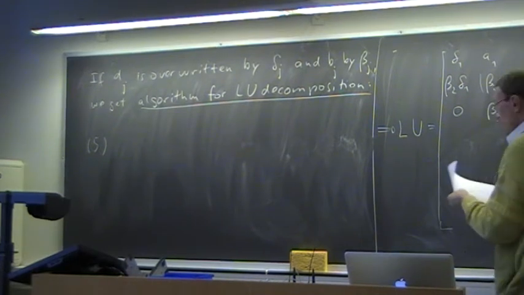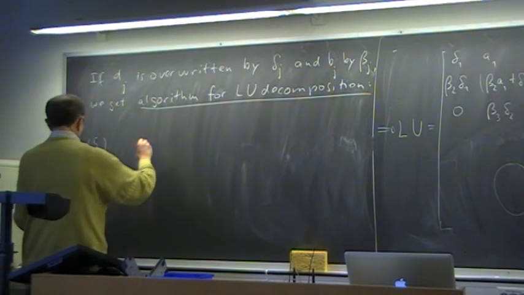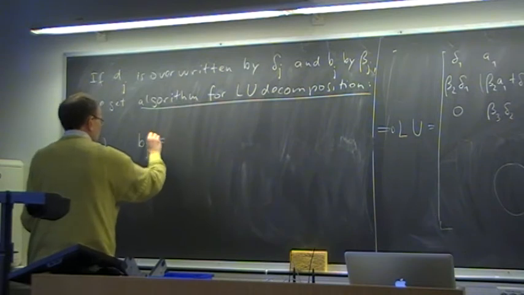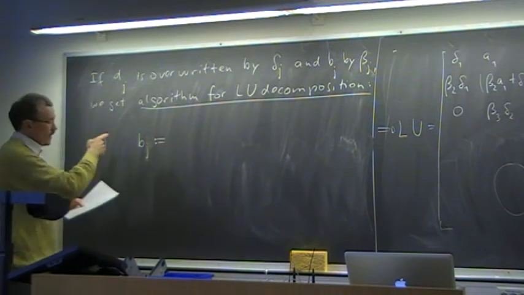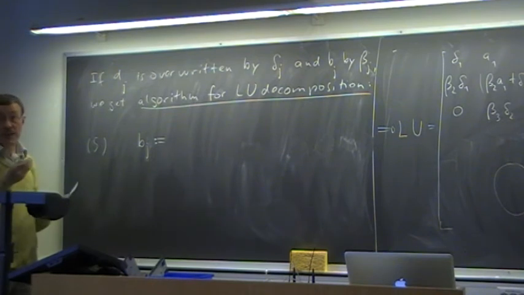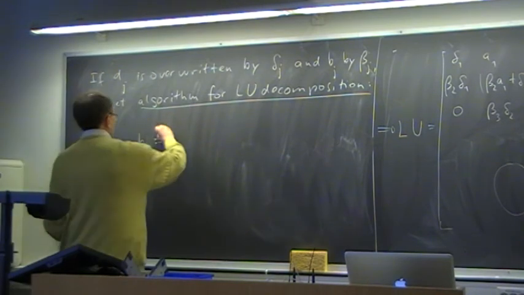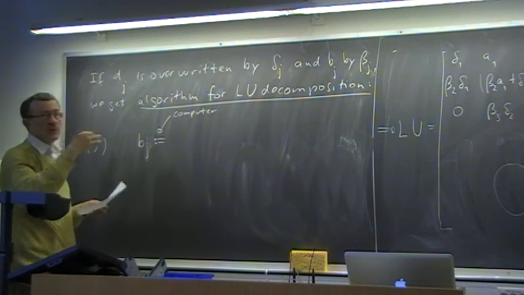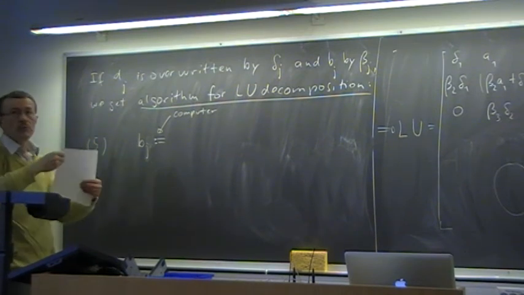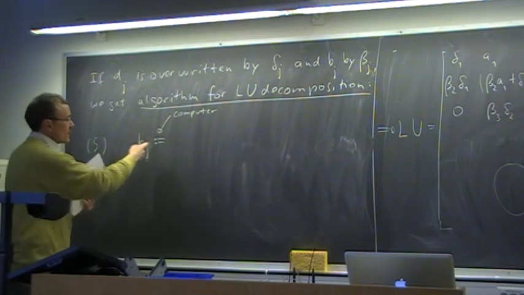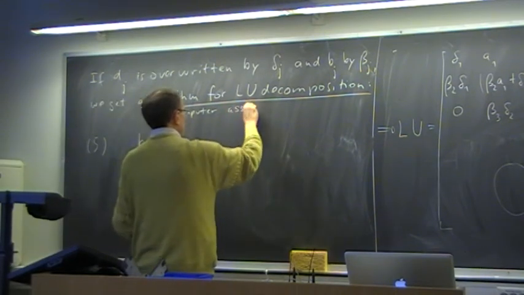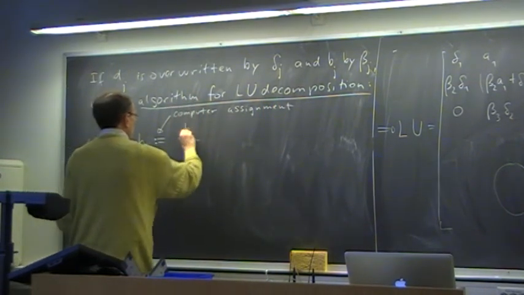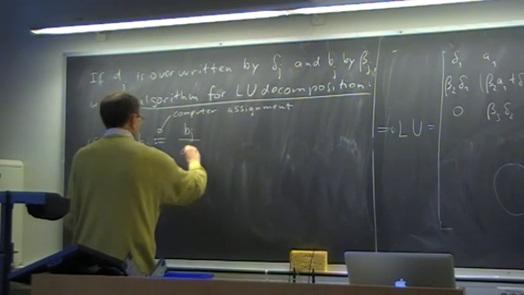We start here, and we say bj is equal to, using computer assignment notation, as you write in MATLAB or any other programming language, for example k is equal to k plus 1, where you overwrite the k by the new value. So bj is equal to dj divided by dj minus 1.